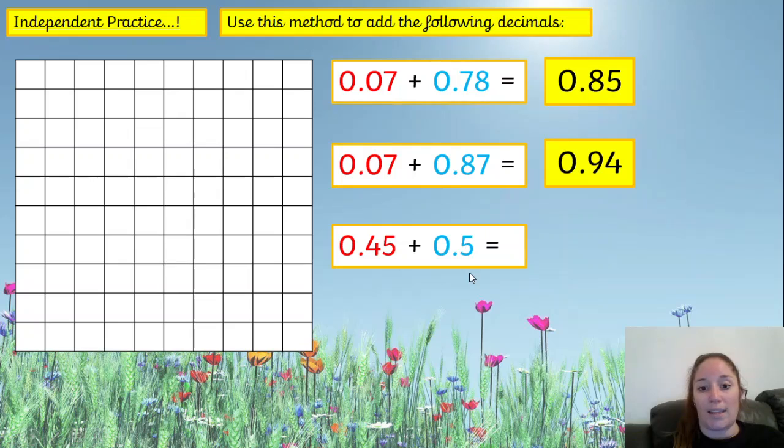Well, it's not 5, because it's 0.5, which is the same as 0.50. So 0.45 plus 0.5 is 0.95. So you should have 85 pieces coloured for this one, 94 pieces coloured for this one, and 95 boxes shaded for this one. Well done if you managed that.